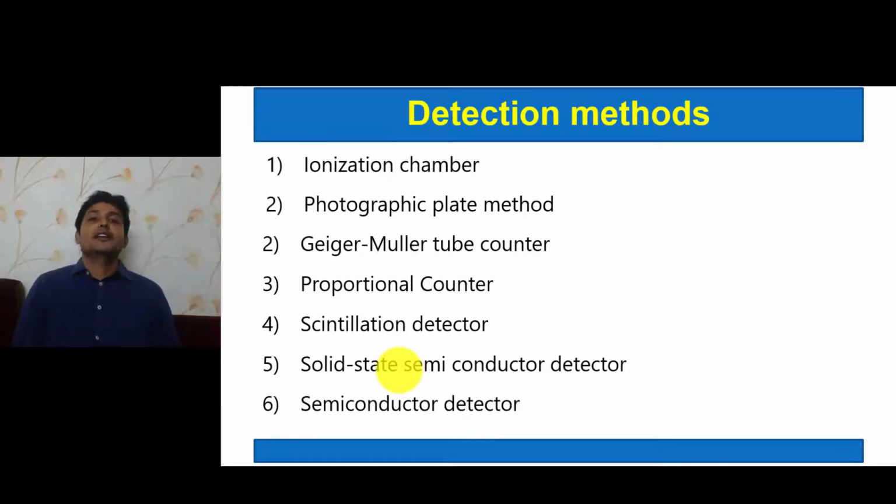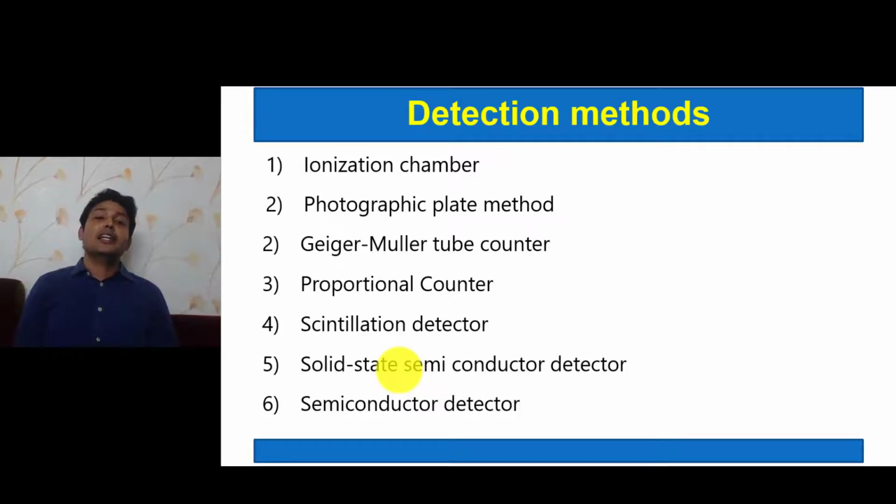Now the next interesting topic is detection methods. When a radioactive substance emits alpha, beta, gamma, X-ray, neutrons, etc., how can it be detected?